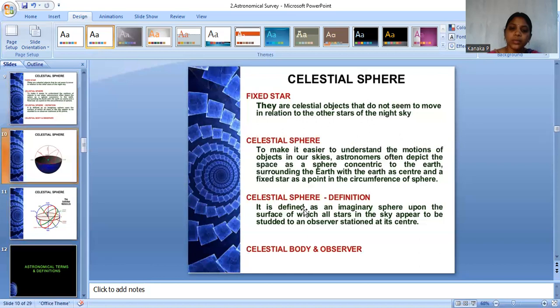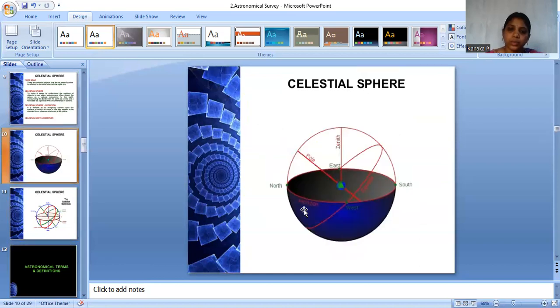So celestial body and observer, so this is the celestial body of the Earth, in the northern direction and south direction. This is the horizon, pole, and zenith, and the equator.